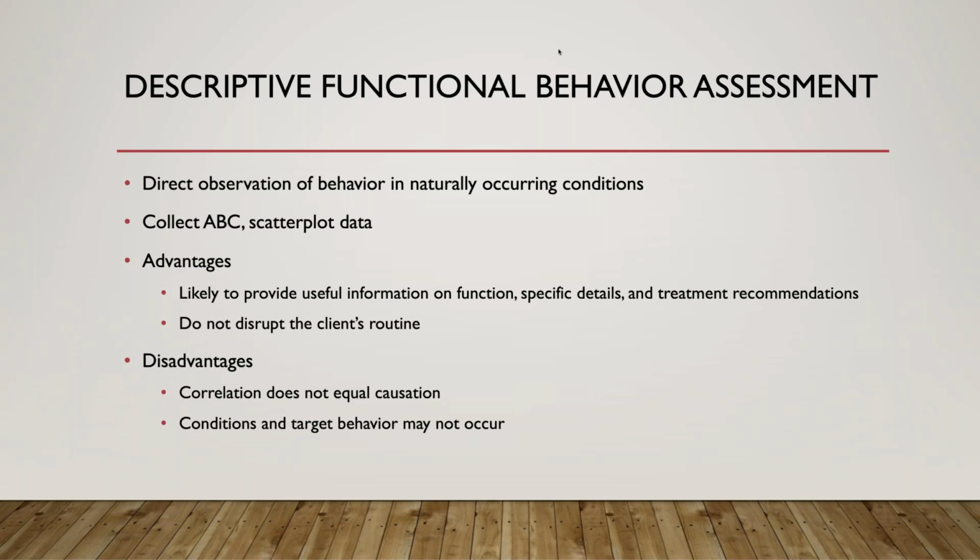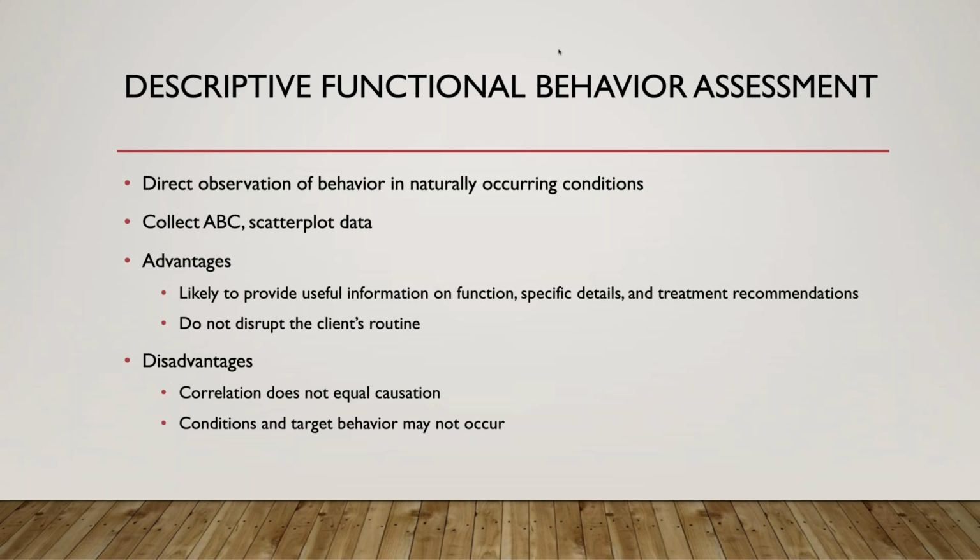For example, you're just observing, and let's say it's lunchtime and the client is given a sandwich and they want chicken nuggets. They engage in tantrum behavior and then they end up getting chicken nuggets. That data would pretty strongly point to the function of tangible, getting a preferred item, chicken nuggets instead of a sandwich.